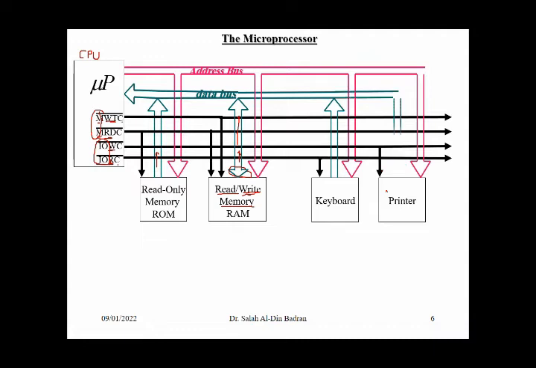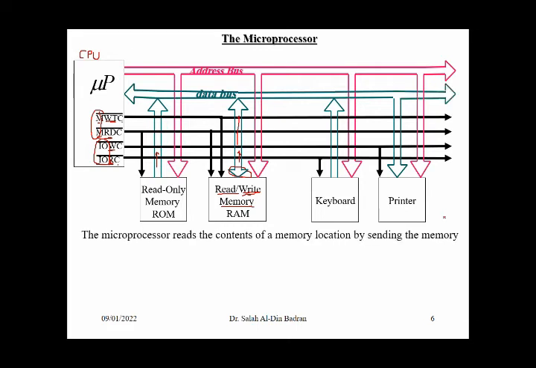And on the data bus, the microprocessor will send the data that needs to be printed using this printer. And other buses will be connected to other devices if they exist. The same thing for the data bus.